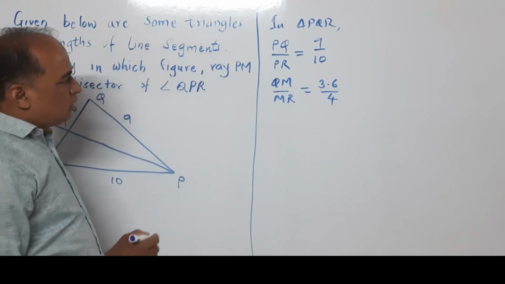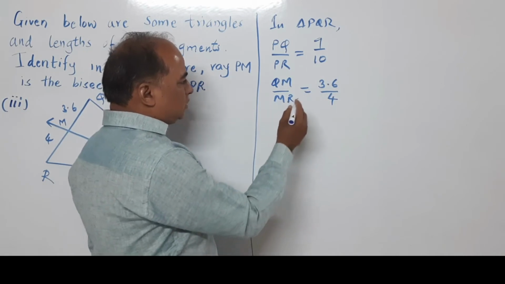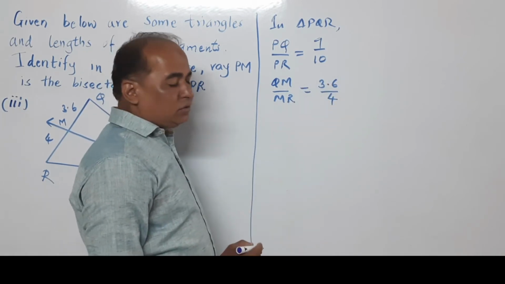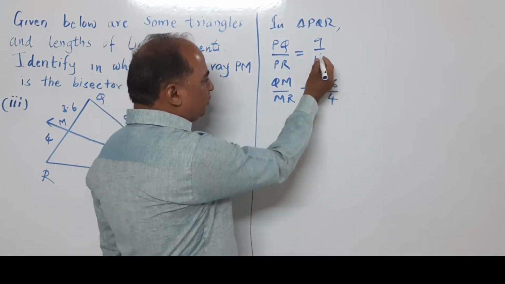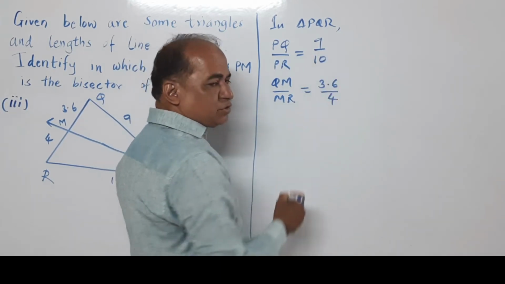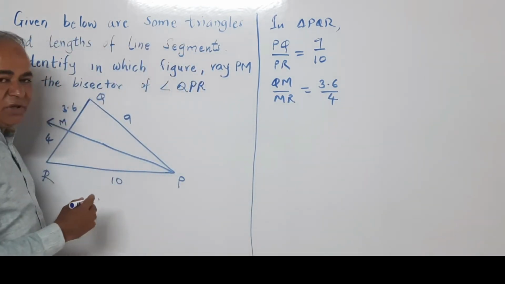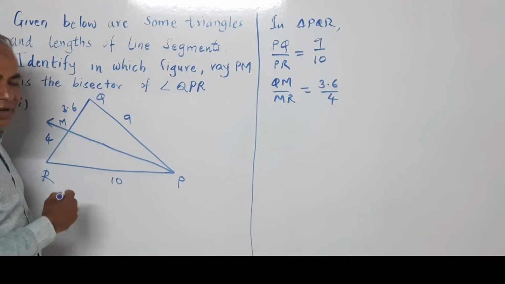Now, is this ratio equal? No. So here you have to make the ratio equal. If the ratio is equal, then ray PM will be the bisector of angle QPR.